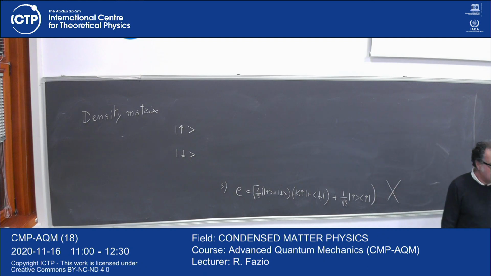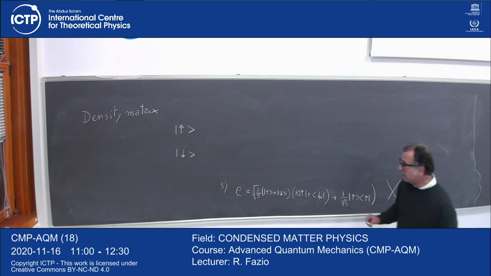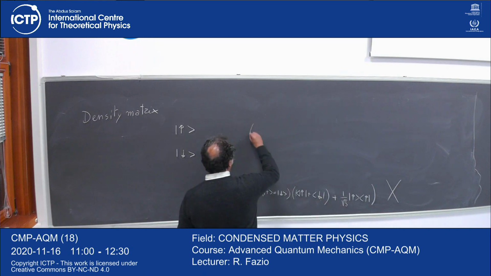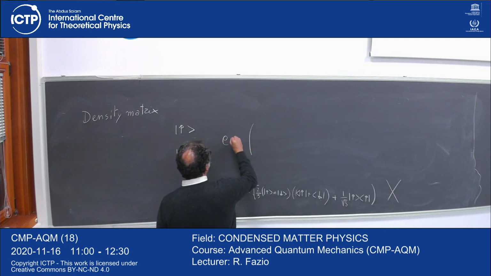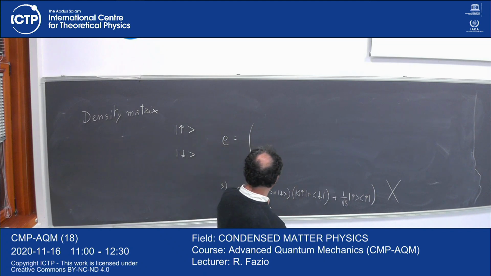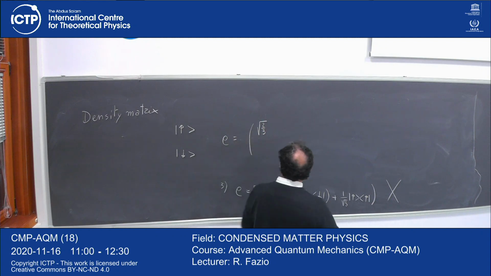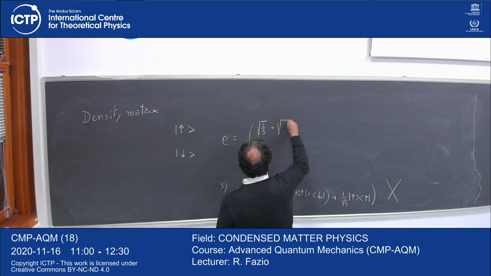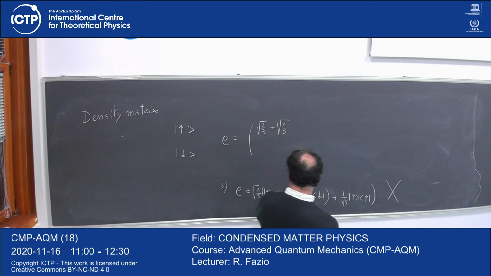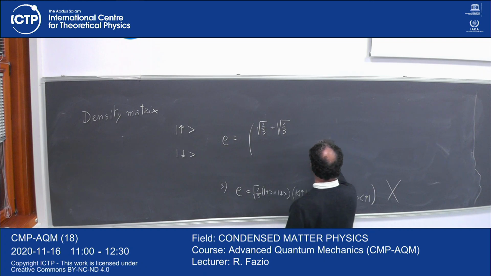So the eigenvalues are, let me say, what are you supposed to do? You have to write down this. For instance, you just write it as a 2 by 2 matrix. So you have square root 2 over 3 plus square root 1 over 3. Then you have another term which is minus 1.